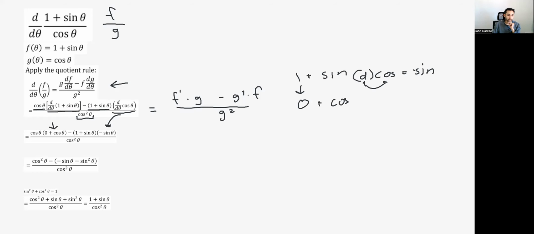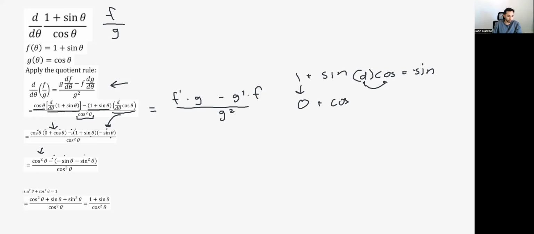So then let's combine this. Cosine times 0 is 0. So ignore that. And then you do cosine times cosine, you get cosine squared. And then if you do minus 1 times sine, you get minus sine. And then minus sine times negative sine, you get negative sine. So minus.